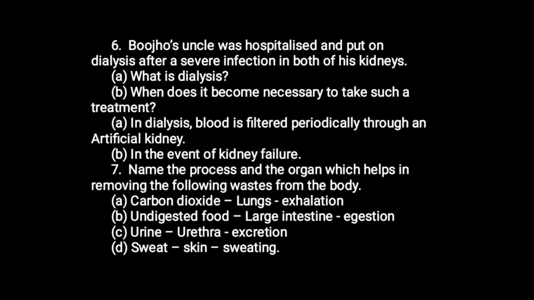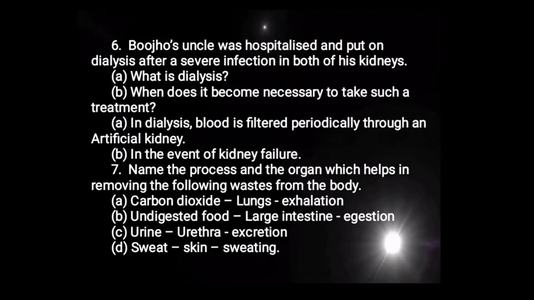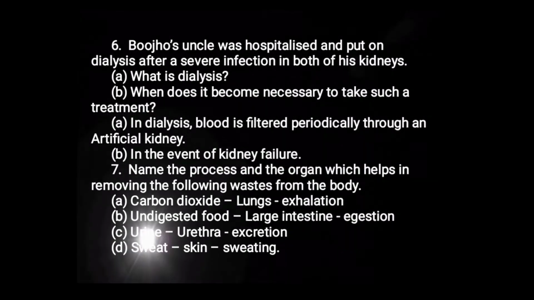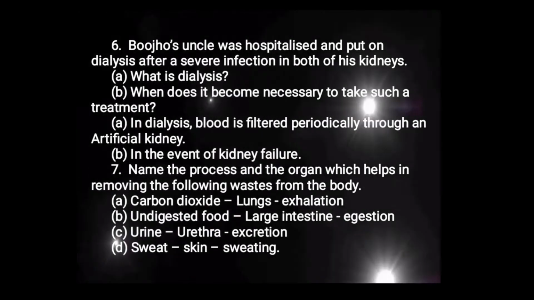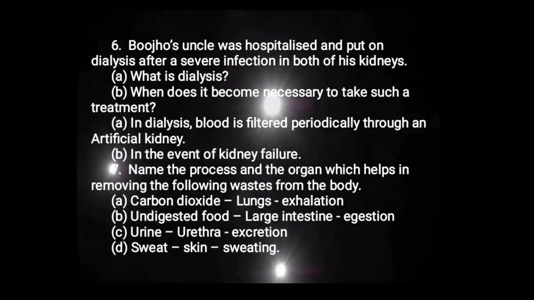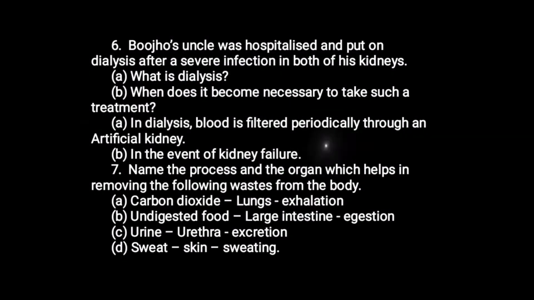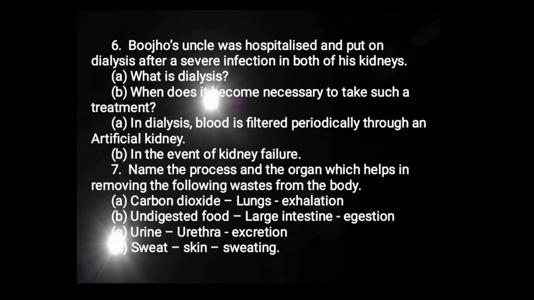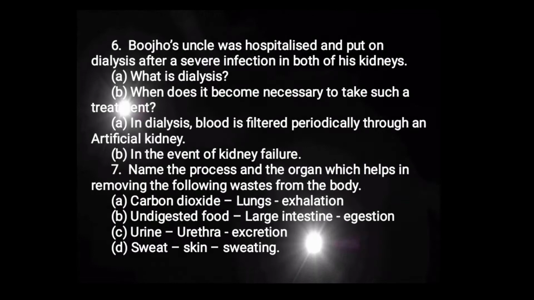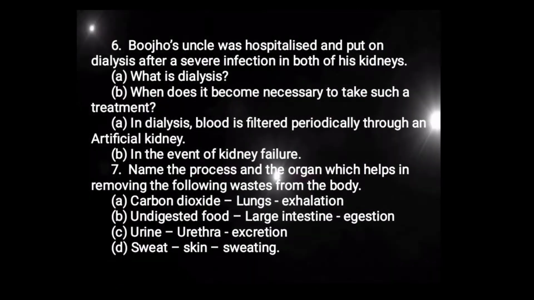But the person who has a severe infection in the kidney has a kidney problem. What happens is the nephron present in the kidney doesn't work, so it does not filter the blood. We say such a person has kidney failure, and the patients will be dialyzed periodically.